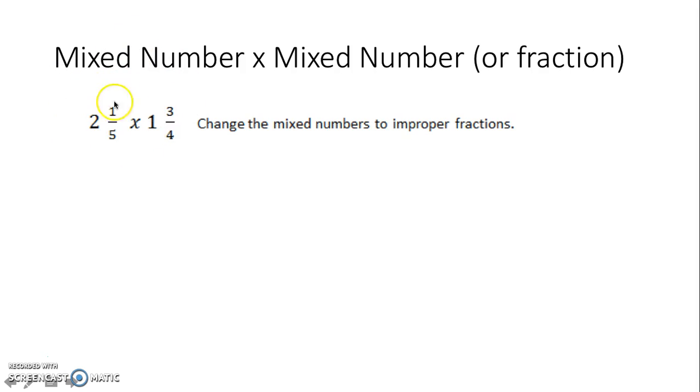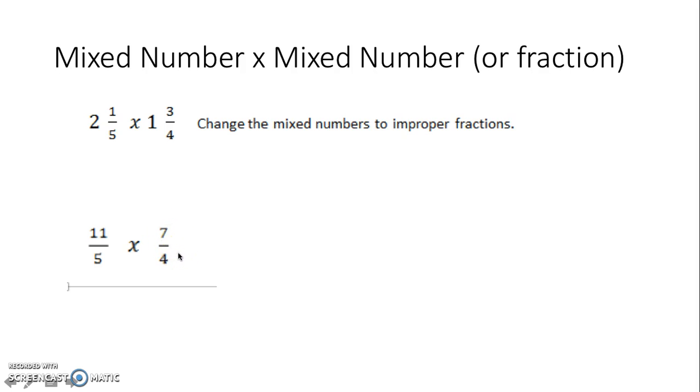So 2 times 5, which is equal to 10, plus 1 is 11. So the improper fraction of 2 and 1/5 is 11/5. Then we do the same thing with the 1 and 3/4. We go 1 times 4 plus 3. So 1 times 4 is 4, plus 3 is 7. When we rewrite that, you should have in your paper 11/5 times 7 over 4.